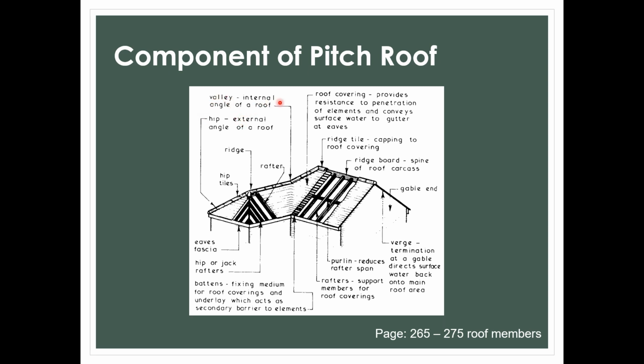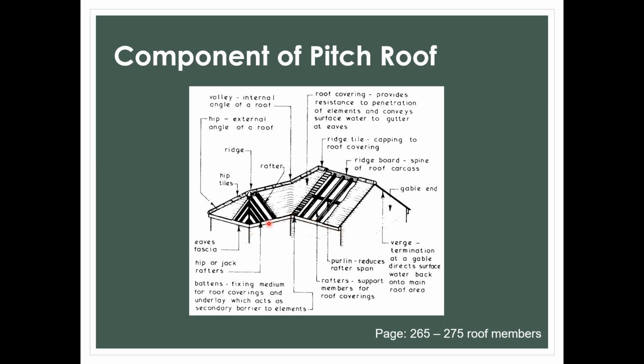Valley is the internal angle of a roof, so we call it a valley. This overall covering that we put outside on top of the structure is the roof covering, which provides resistance to penetration of elements and conveys surface water to the gutter at the eaves. This is the eaves fascia.